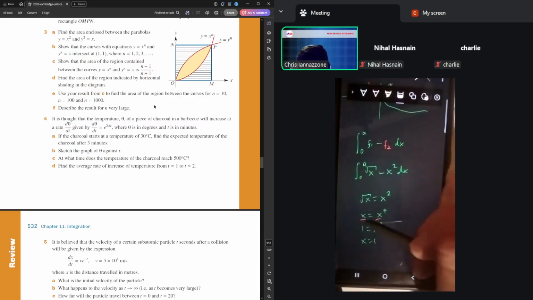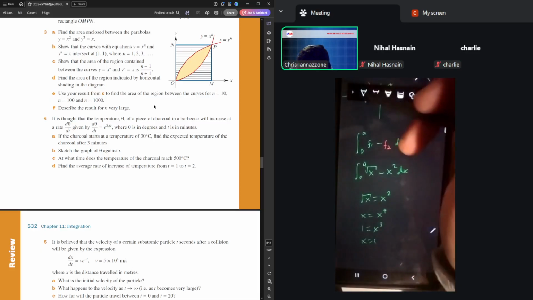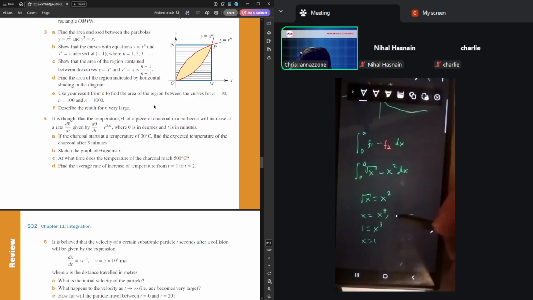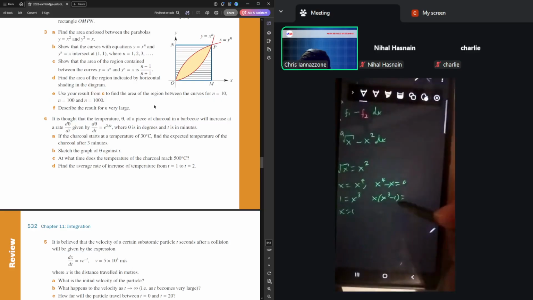It still gives you the solution you want, but if you care about all the valid solutions, what you would do instead is a factorization approach. Bringing all terms on the same side, factorizing out, and then null factor law. So you now have x equals 0, like we expect, and x cubed equals 1, which finally gets us to x equals 1.